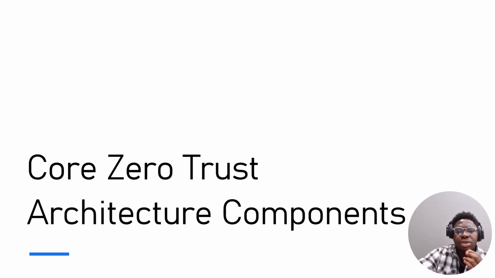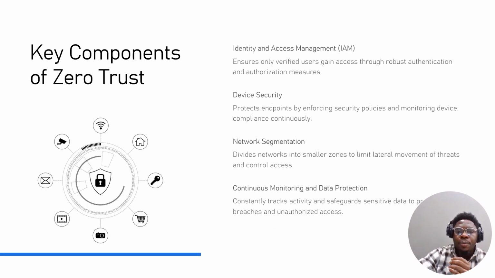Okay, now we're going to take a look at the core zero trust architecture components. We have identity and access management, which ensures only verified users gain access through robust authentication and authorization measures. We have device security, which protects endpoints by enforcing security policies and continually monitoring device compliance.